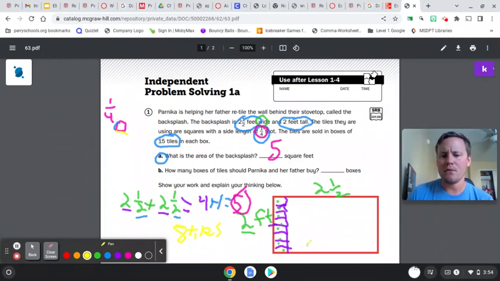Well, let's figure out what would be the length. Just like we already kind of know how many tiles it would take to go all the way across. Well, I did 2 feet already. How many did that take? It took 8, right? So all I need is to figure out 1/2.